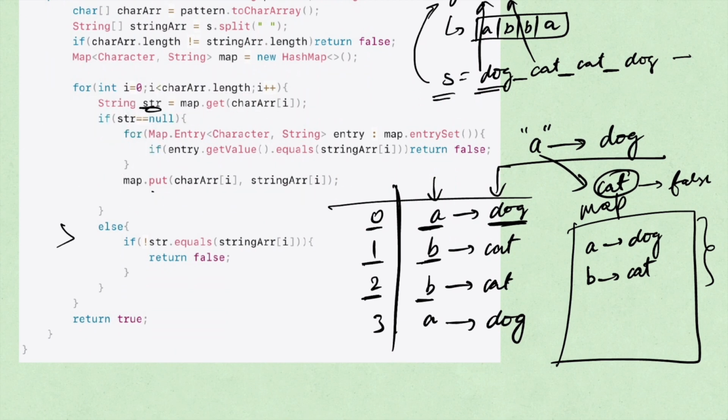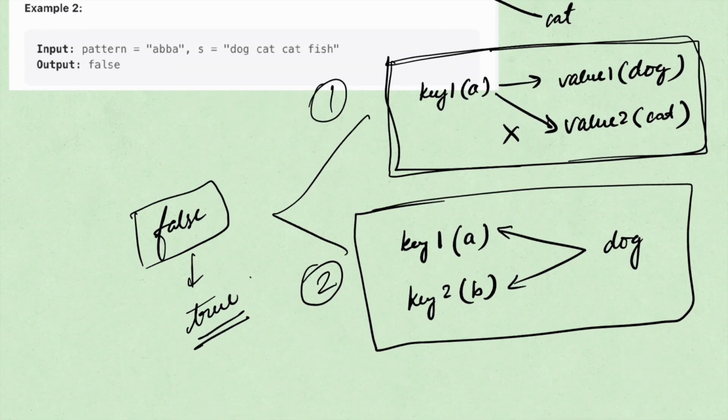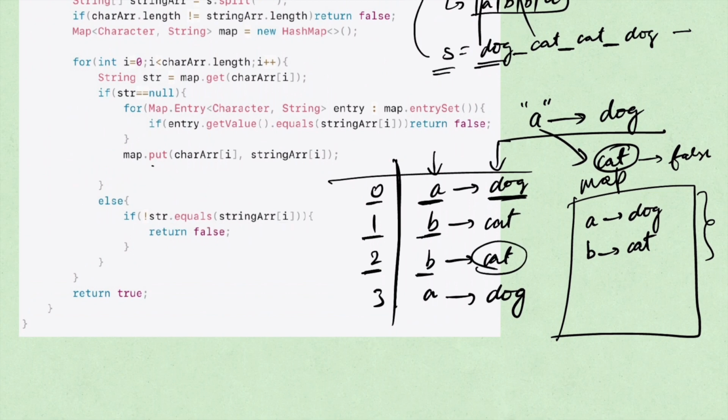So here it will go to the else, and here we have to check the constraint that we had discussed earlier, right? Whether this particular key is mapped to two values or not. So this str will be taken from the map here, that is this cat. B is mapped to cat, and we check whether in the array that we have been given in the problem, this cat, whether they are equal or not.